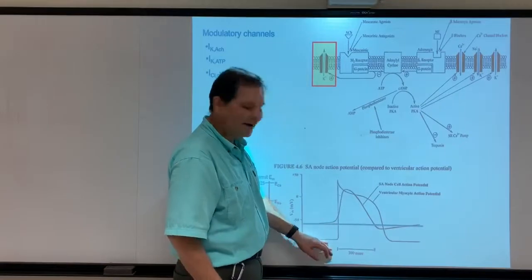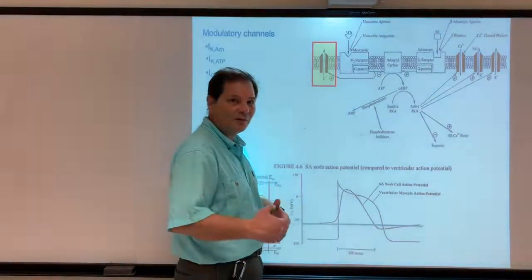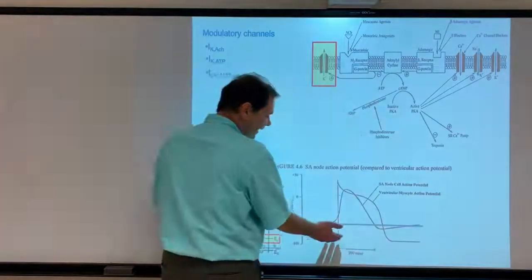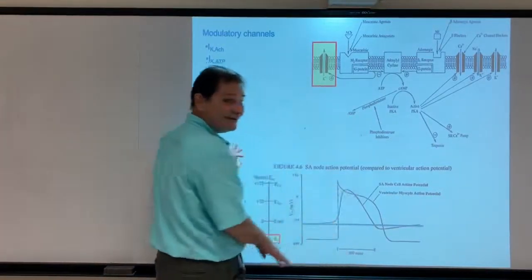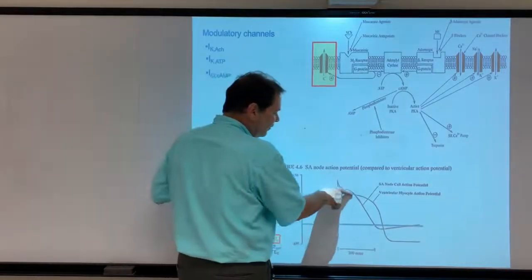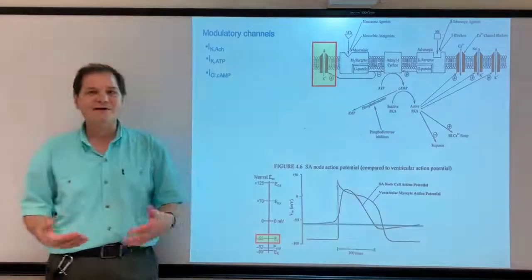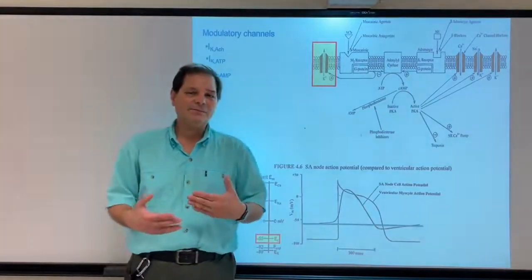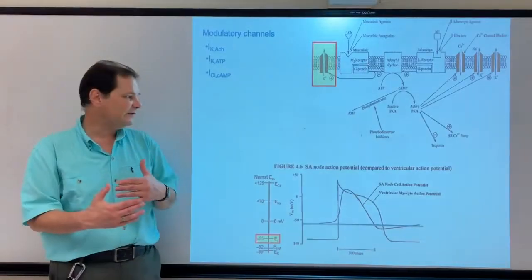So your chloride channel switches from primarily an inward current to primarily an outward current, and it goes from pulling your voltage up to pulling your voltage down when you cross that line. Well, if you're pulling your voltage down during this plateau phase, remember I talked about the fact that it's really easy to disrupt the balance of currents in that plateau phase because the currents are relatively small.